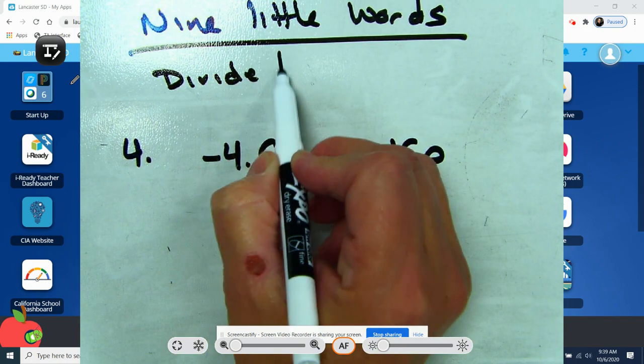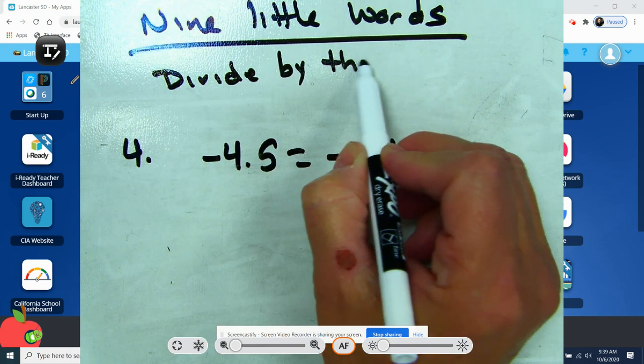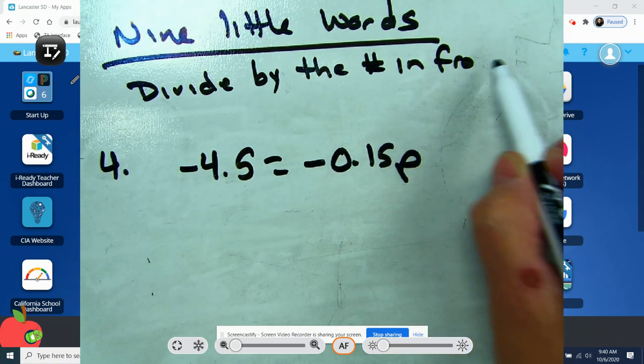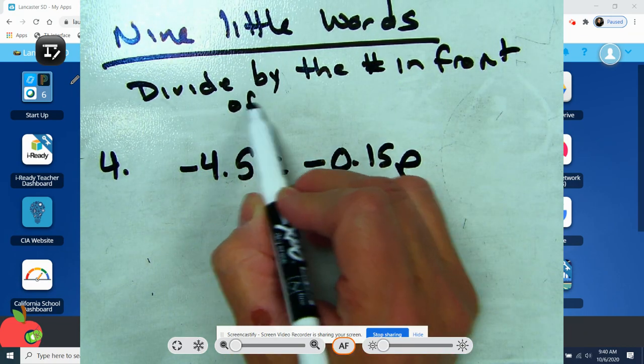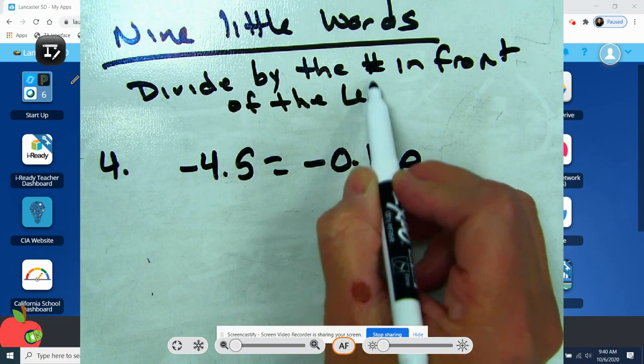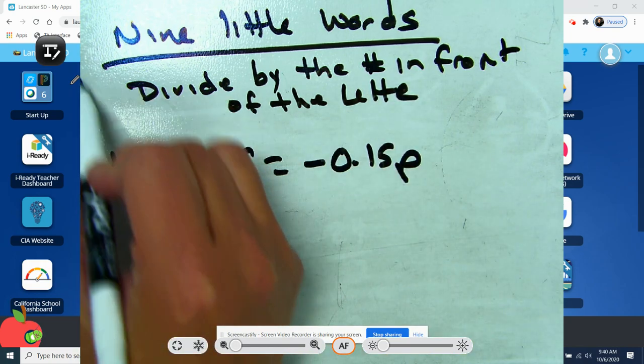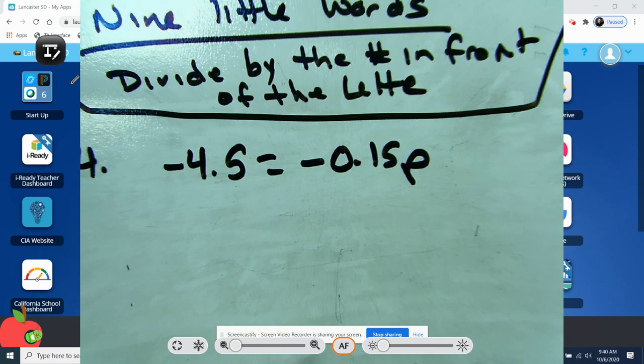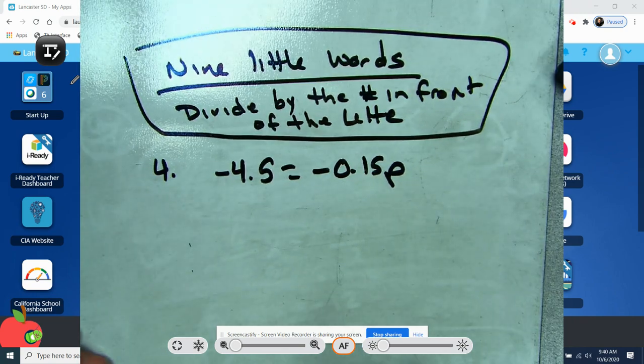Divide by the number in front of the letter. These 9 little words, ladies and gentlemen, are going to be the last thing you do in about 90% of your problems.